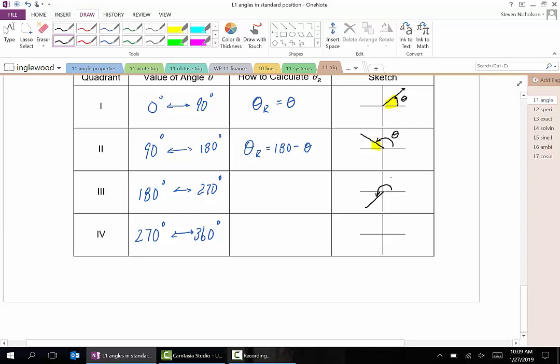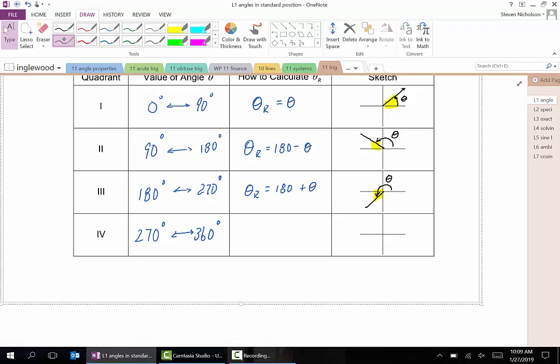So here's theta all the way around, and here's our reference angle, the angle formed between the x-axis and the terminal arm. And in this example, a quick little thing that helps is theta minus 180. Now again, you don't have to memorize these formulas, just have to do a quick little sketch.